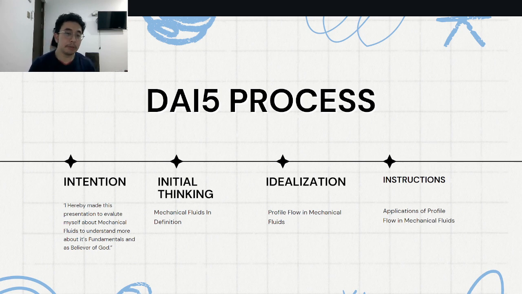My initial thinking is that to start the process of learning mechanical fluids, we have to define mechanical fluids. After that we get to the idealization, where I'm going to mention the types of profile flow in mechanical fluids, and the instructions, where I'm going to explain an application of the profile flow in mechanical fluids. So let's get started, shall we?